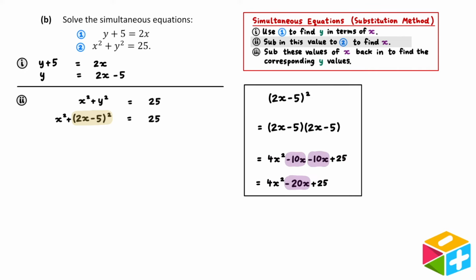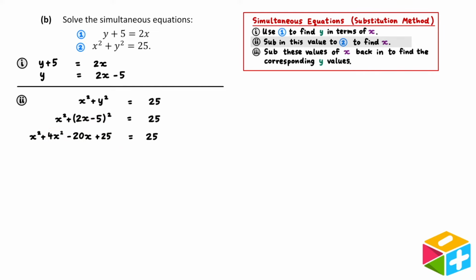Here, we can do some simplification by combining the x terms. Minus 10x minus 10x is equal to minus 20x. Looking back at our equation, we see that we have two x squared terms on the left.